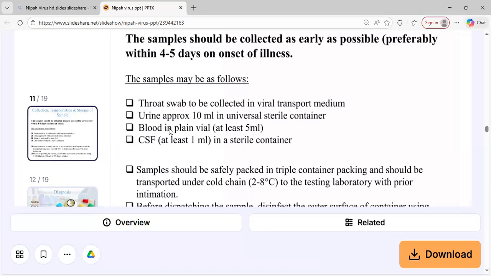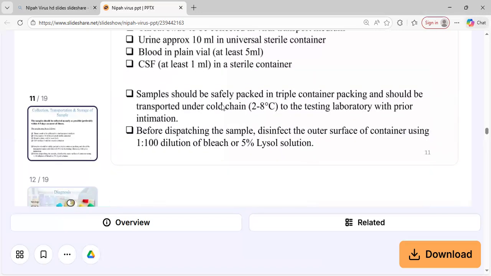Blood in a plain vial, at least 5 ml, or CSF, cerebrospinal fluid, at least 1 ml in a sterile container, can also be taken. Samples can be safely packed in triple container packaging and transported under cold chain, maintaining the temperature at 2 to 8 degrees Celsius, to the testing laboratory with prior intimation.